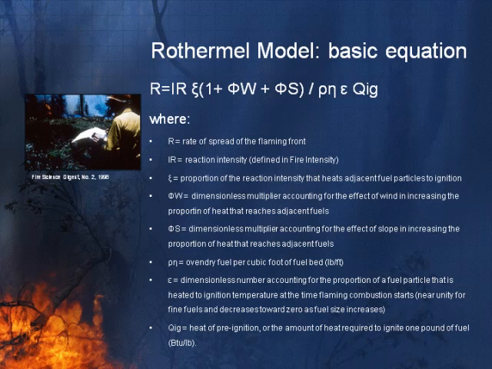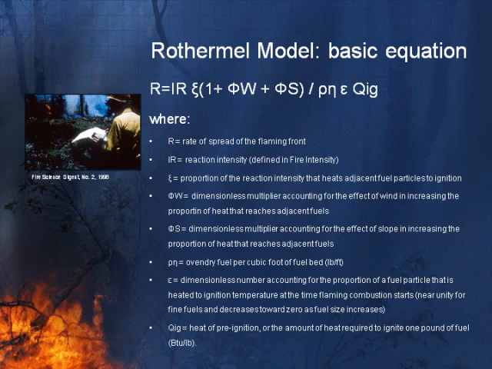That right there is the oven dry fuel per cubic foot, so you're taking into account volume. And another dimensionless number, that's a big one, accounts for the proportion of a fuel particle that is heated to ignition temperature at the time flaming combustion starts. There's a caveat here, which I find interesting: it's near unity for fine fuels, but it asymptotically decreases towards zero as the fuel size increases.